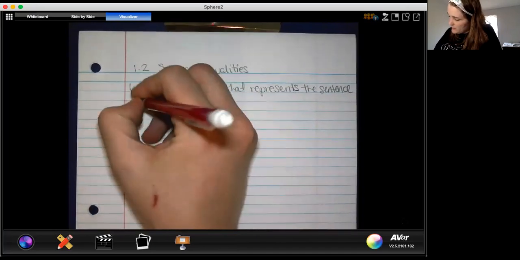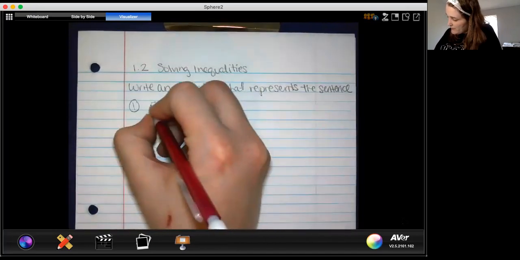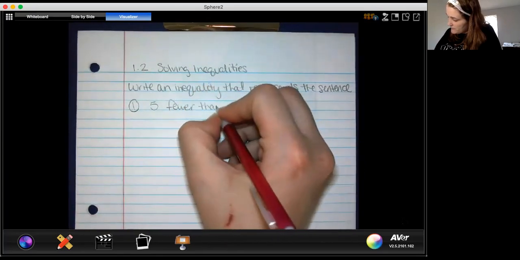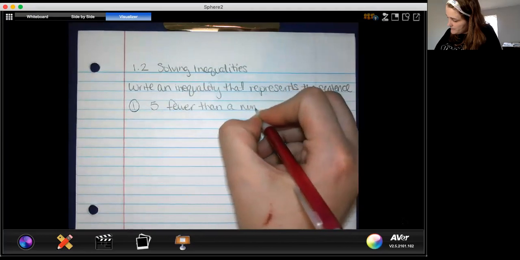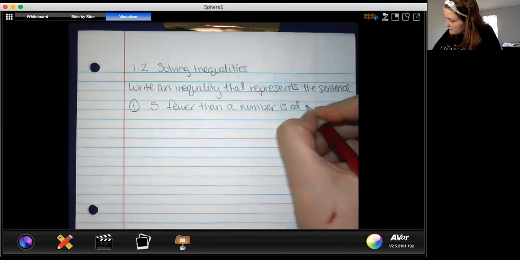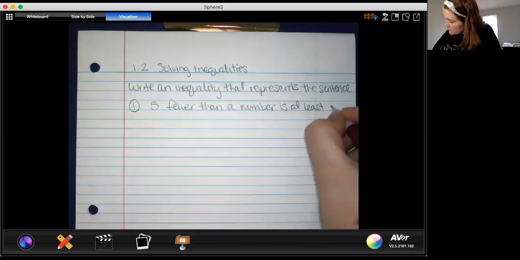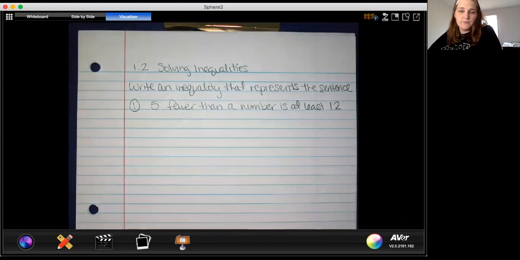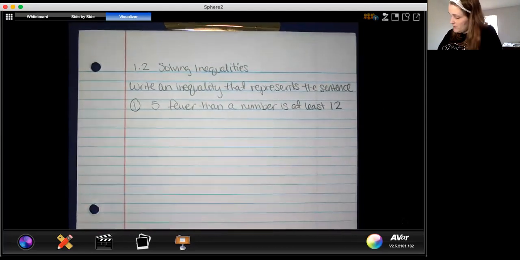So for number 1, we have 5 fewer than a number is at least 12. 5 fewer than a number is at least 12.